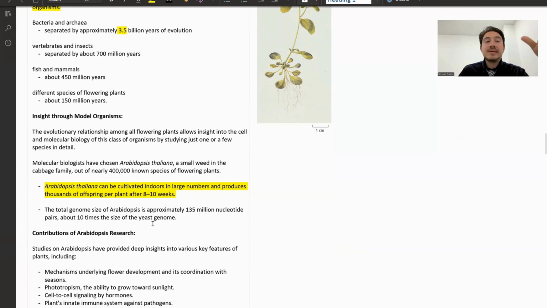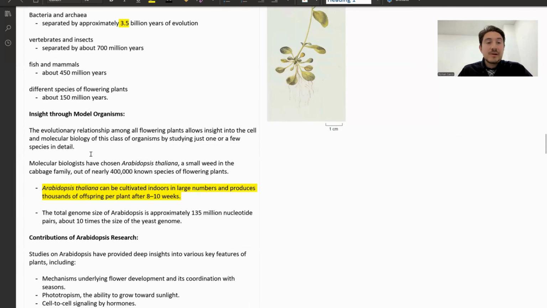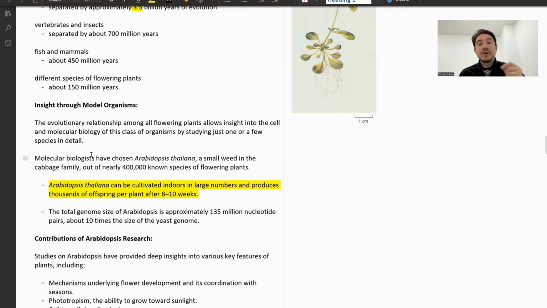Nevertheless, you could get insights from these model organisms and shared characteristics. So you have evolutionary relationships among all flowering plants, which would allow insight into the cell and molecular biology within this group of organisms. Just by studying a couple of plants, you can see many shared characteristics.